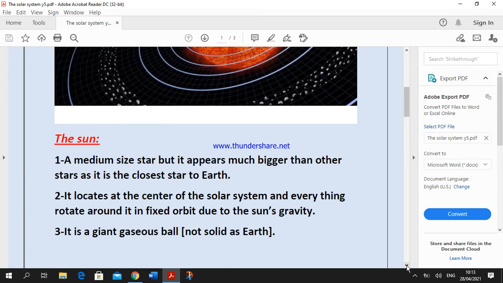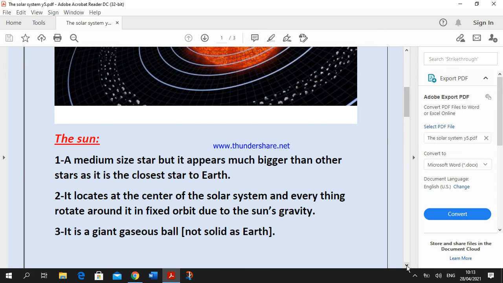The first body inside the solar system is the Sun. The Sun is a medium-sized star, but it appears much bigger than other stars as it's the closest star to the Earth.